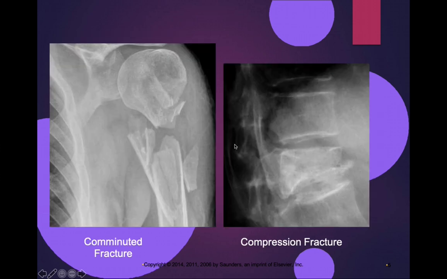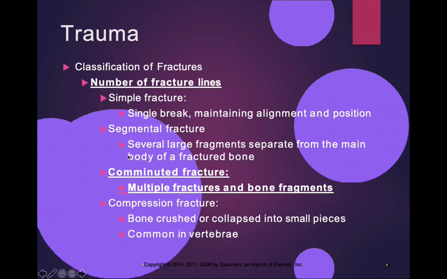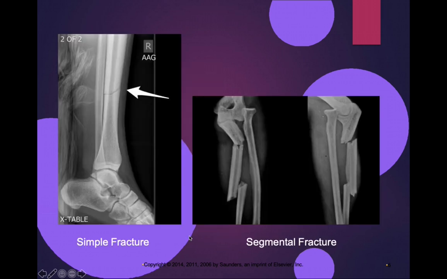Okay, let's go back here. A compression fracture, this is when the bone is crushed and it collapses. We see this commonly with osteoporosis, and the vertebra create this type of codfish type of deformity or wedge shape. And we'll show you what the compression fracture looks like in a second.